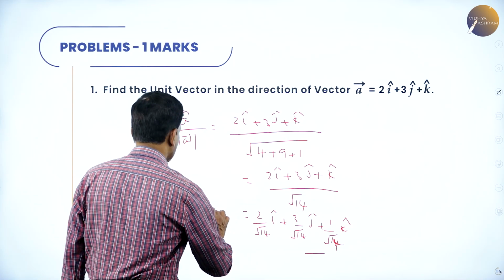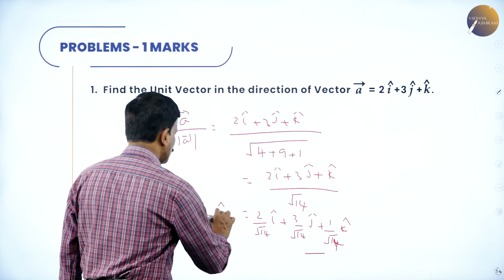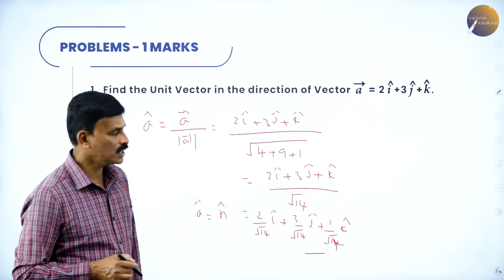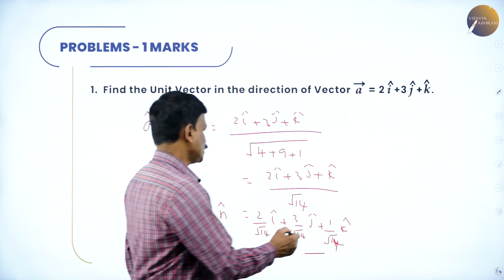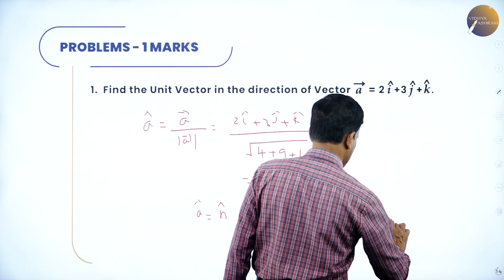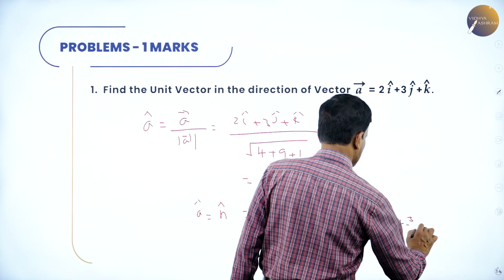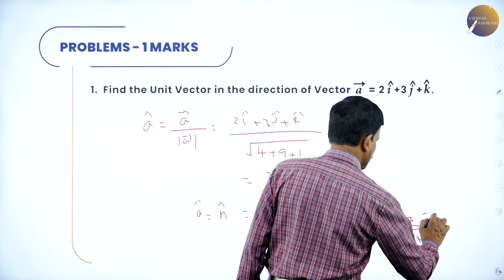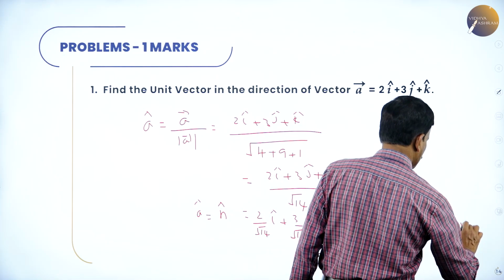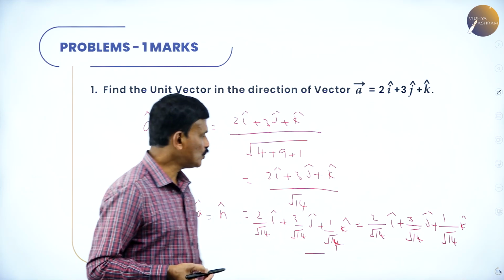This is the unit vector n cap or a cap. So, the unit vector along a is vector a divided by its own length. That's it. Now, I will write this properly: 2 divided by root 14 into i plus 3 by root 14 into j plus 1 divided by root 14 into k cap. Now, move on to the next one.